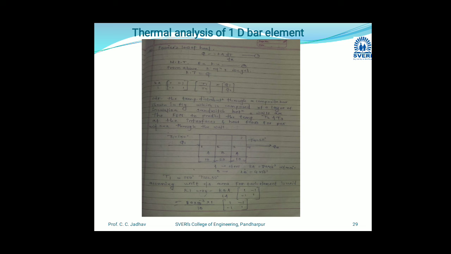For the second element, the stiffness matrix is 10 raised to minus 3 into 0.2 minus 0.2, minus 0.2 0.2. So we will get the final global stiffness matrix, that is capital K is equal to K1 plus K2. As per our rule, we have to add these matrices into a single matrix. The last element of the first matrix will be added to the first element of the second matrix.